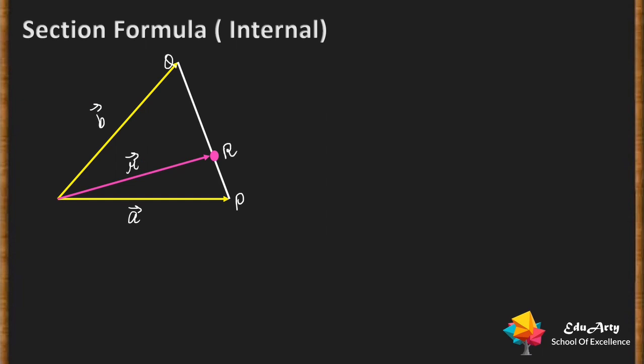That means we can say that PQ is divided internally by point r, and this is the r vector. Now the statement that we have to show here is, if r divides PQ in m is to n ratio. Here we are only talking about internally, correct?